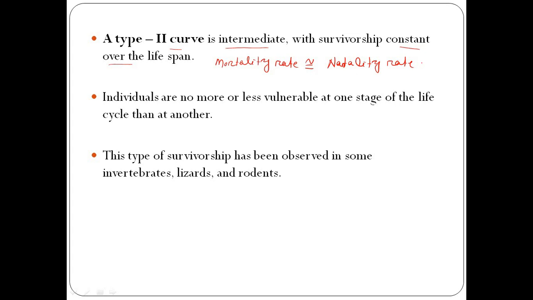Here the natality rate and mortality rate maintain an equilibrium, so the graph will be a linear one.